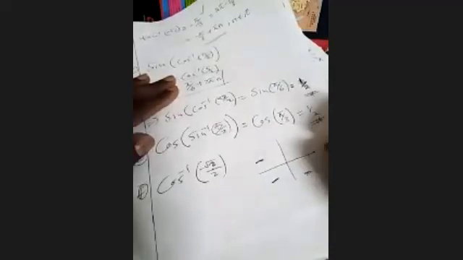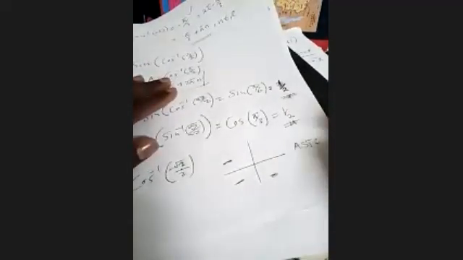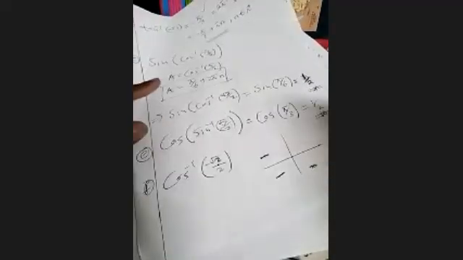Or you can use that song you always sing. All students take chemistry. Yeah, so it's positive in the fourth. Okay, so it's positive there. So it's negative right here and there. So we expect an angle in the second quadrant or third quadrant to satisfy that value. Okay, but we can always go with the one in the second quadrant first.